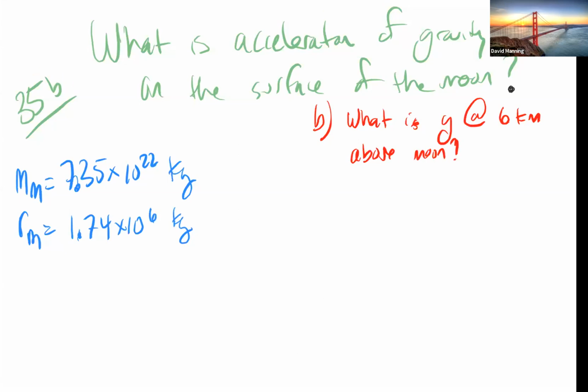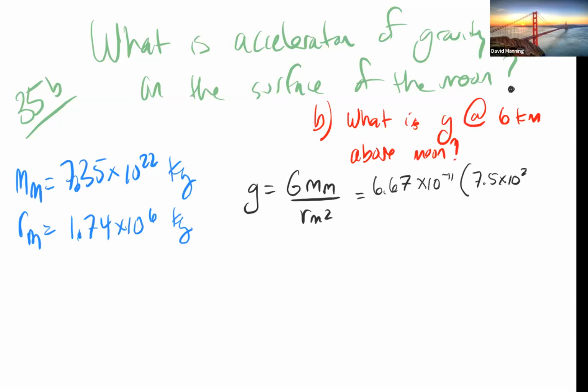So the gravity above the surface of the moon, g equals big G, mass of the moon over the radius of the moon squared. So 6.67 times 10 to the minus 11th times 7.5 times 10 to the 22nd over 1.74 times 10 to the 6 squared.